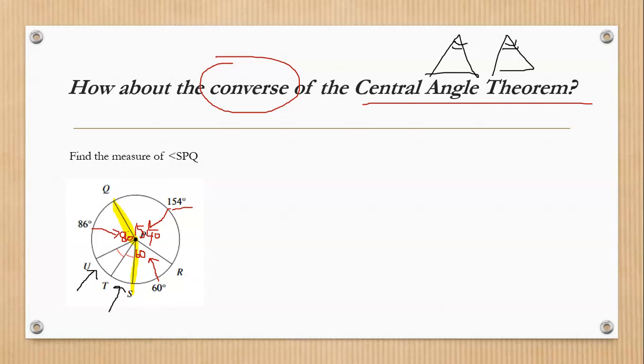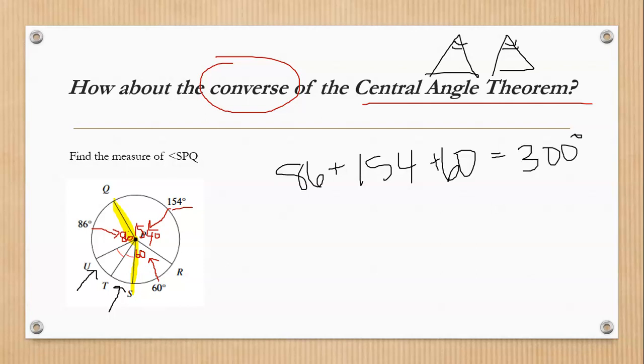So let's find them. We know there's already 86 plus 154 plus 60 degrees. There's already that many degrees marked. Let's see, what's that total? Is that 300? I believe. I just did that in my head. I don't have a calculator handy. I'm sure you guys can double check.